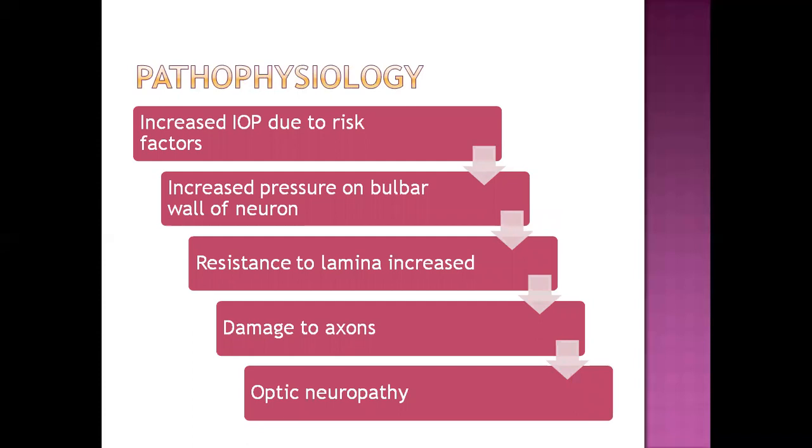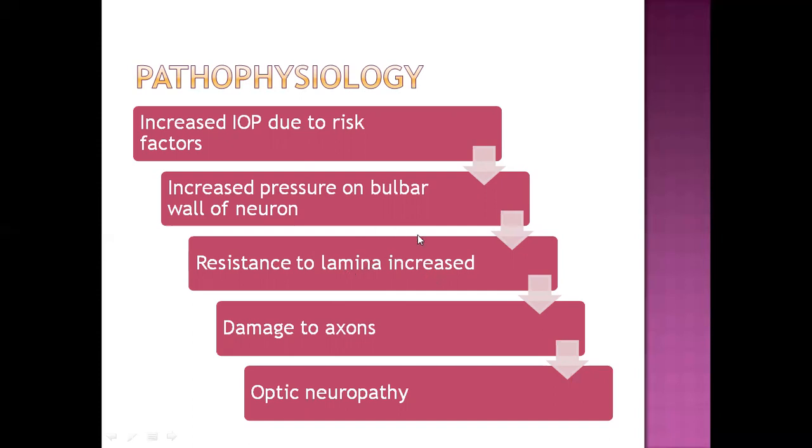Pathophysiology for glaucoma can be, first of all, increase in intraocular pressure due to risk factors. Because of raising of intraocular pressure, there is increased pressure on bulbar wall of neuron. This is the same neuron that reaches towards the brain. Then there is resistance to lamina, which is increased.